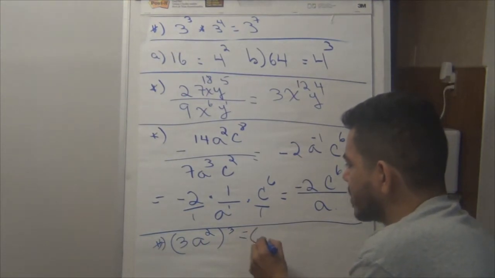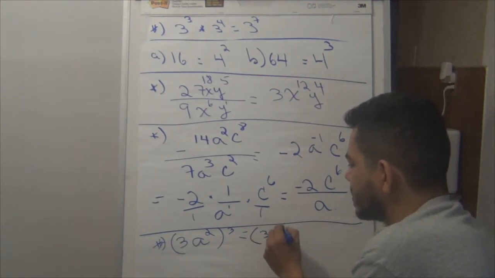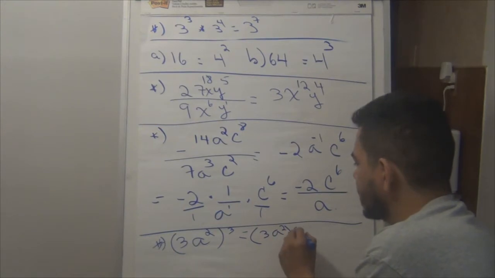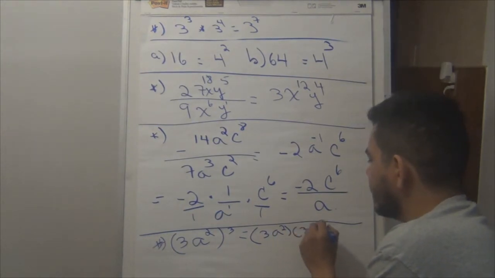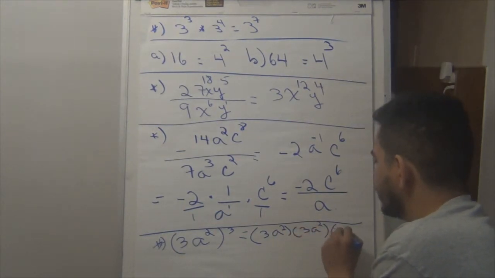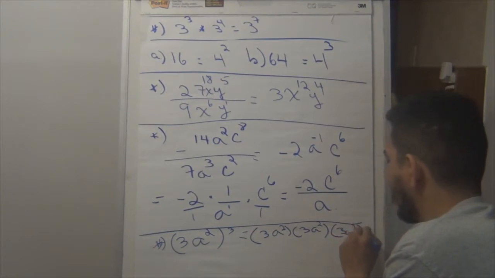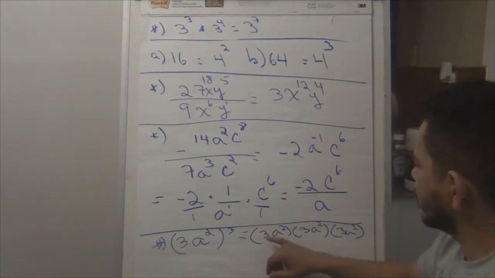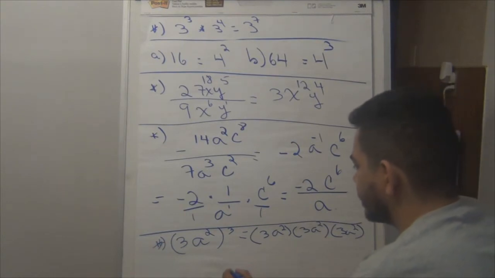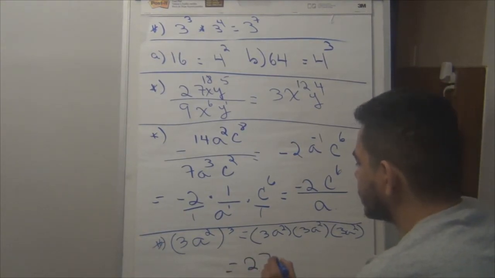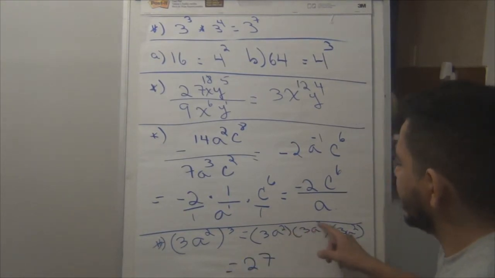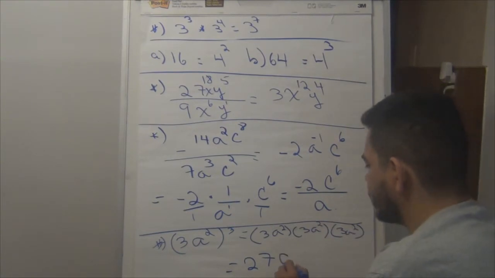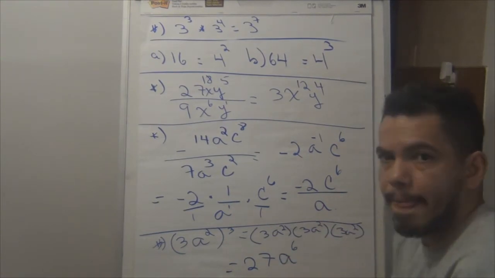So this is nothing more than 3a to the second times 3a to the second times 3a to the second. So 3 times 3 times 3 is 27. A to the second, a to the second, a to the second, that's a to the sixth.